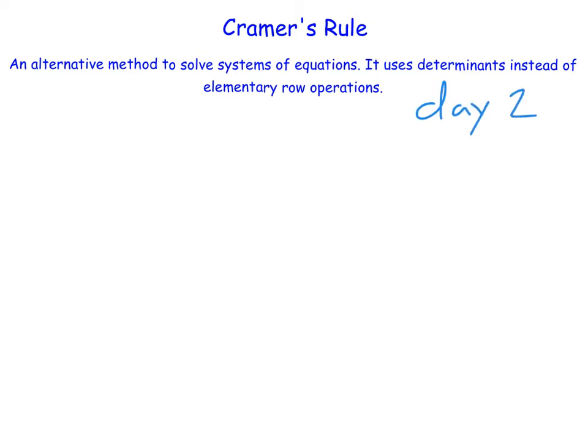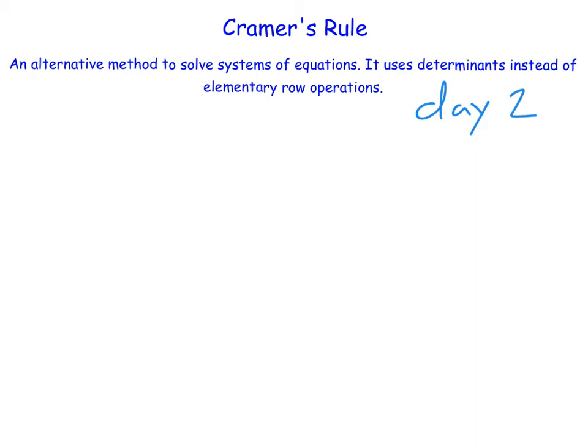But all I want you to see here with Cramer's rule is we've worked on using matrices to solve systems of equations. We've practiced a little bit with a 2-equation system with 2 variables. But we've seen in the past you can use elimination and substitution. The big case that we're working on is 3 equations with 3 variables.